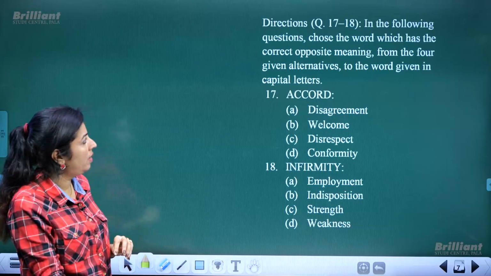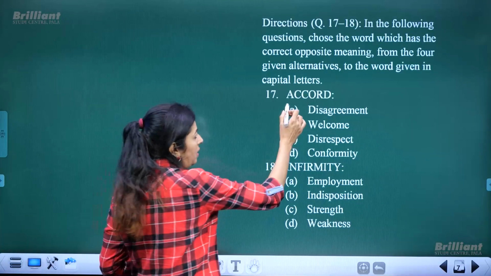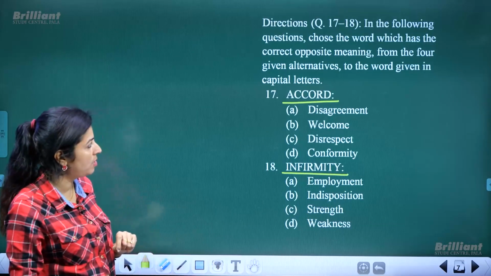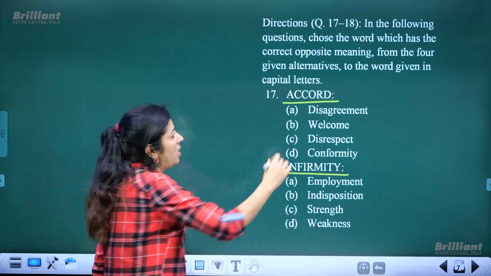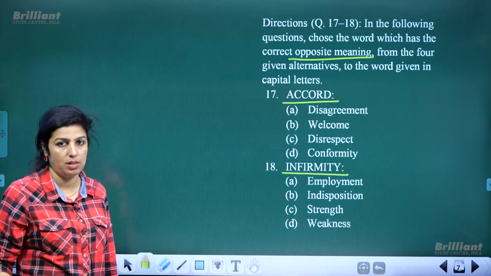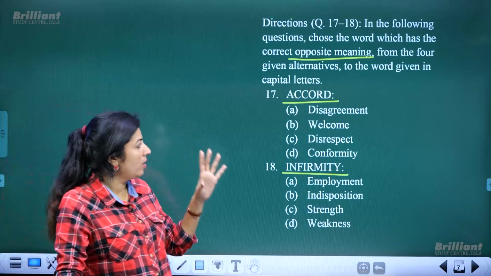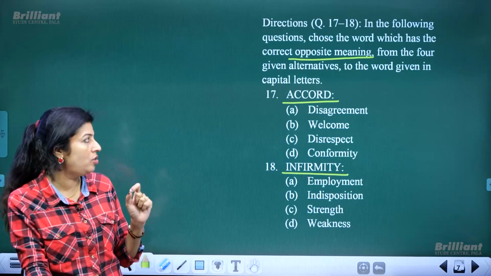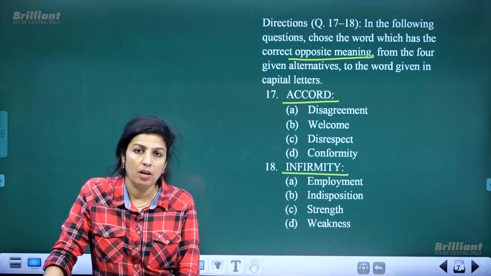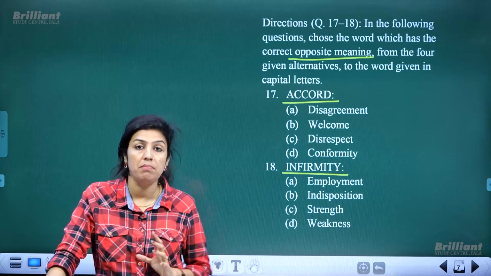Then next are these two words, accord and infirmity. Two words are given and the corresponding options are also given, and you need to find the words which are opposite in meaning, or antonyms, not synonyms. So not similar in meaning but opposite in meaning. Accord. In order to find antonyms, you need to know what those words actually mean.